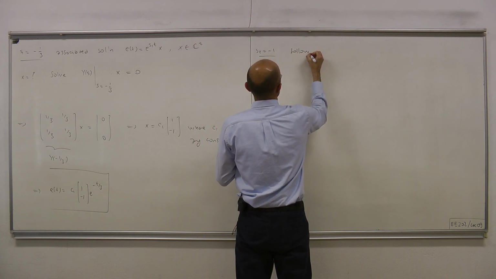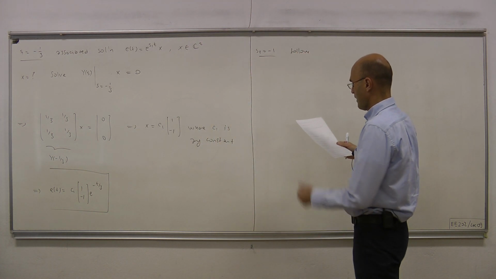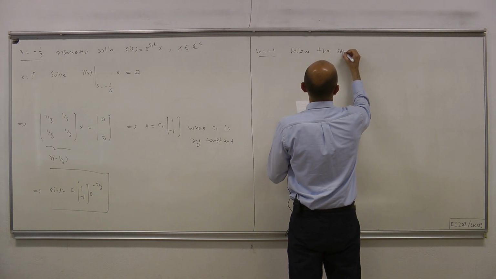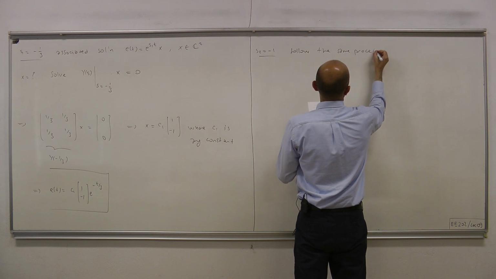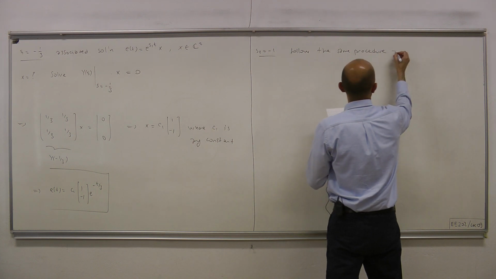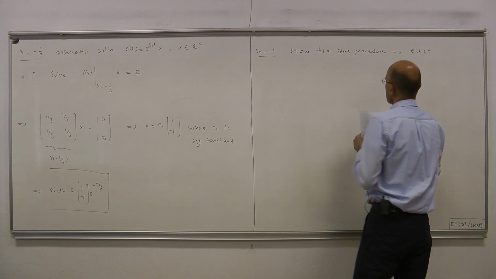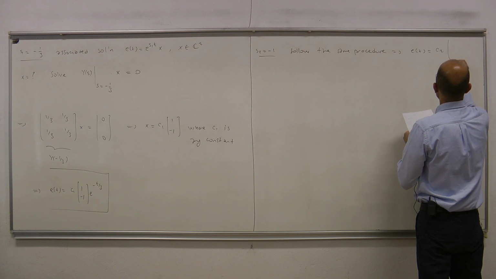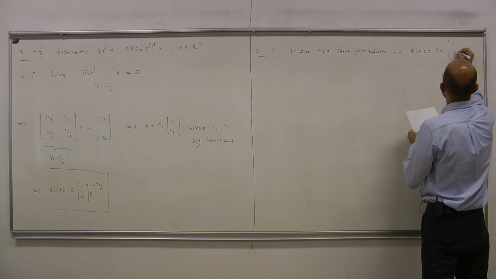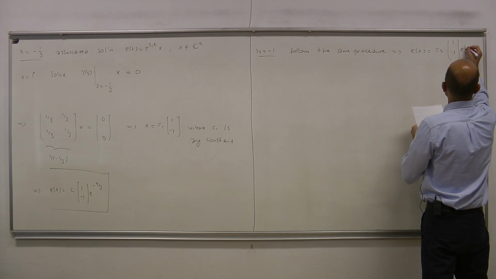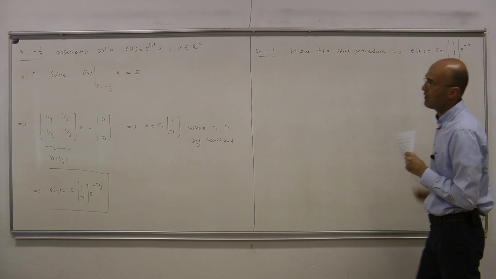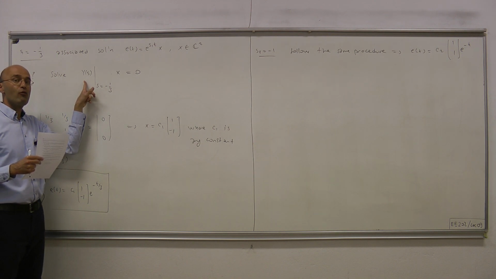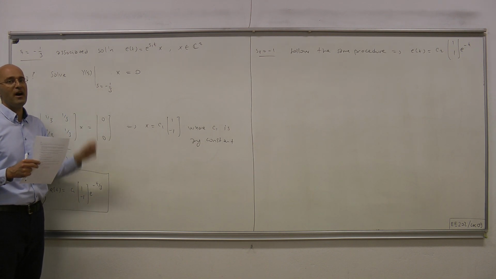Now, we follow the same procedure here, and this time we obtain the following. E of t for that s should have the following form: some constant, which we call C2, times the vector 1 1 times e to the minus t. This vector is a vector that belongs to the null space of Y of s when s equals -1.